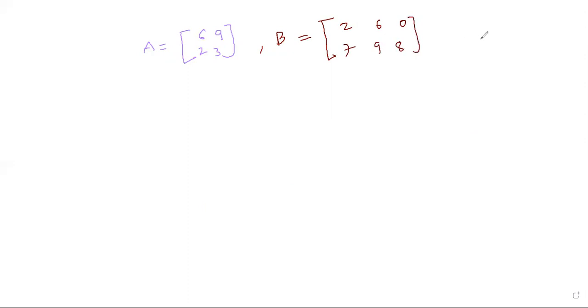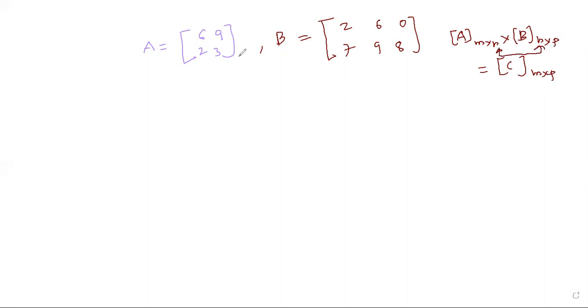And one more thing: when you multiply matrix A of order m into n with matrix B of order n into p, the resultant matrix C will have order m into p. The same column and row will be deleted, and finally you will get this one.